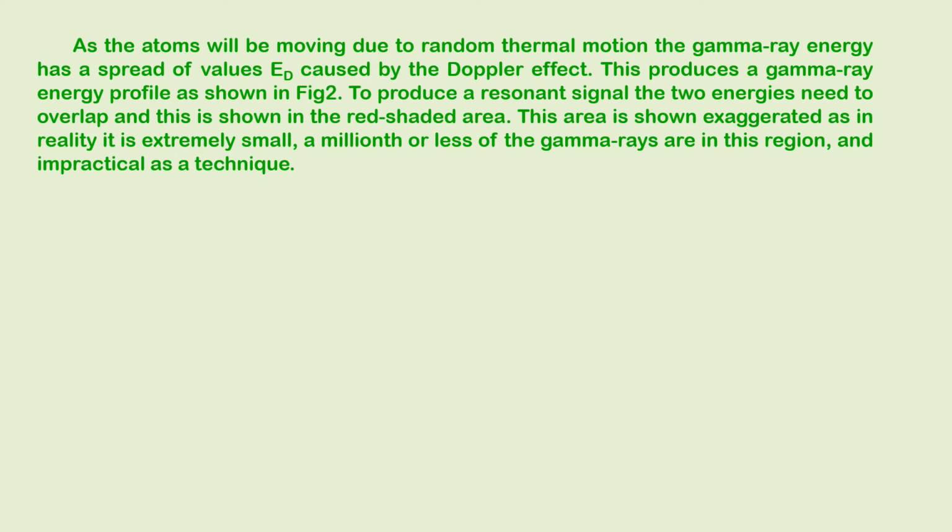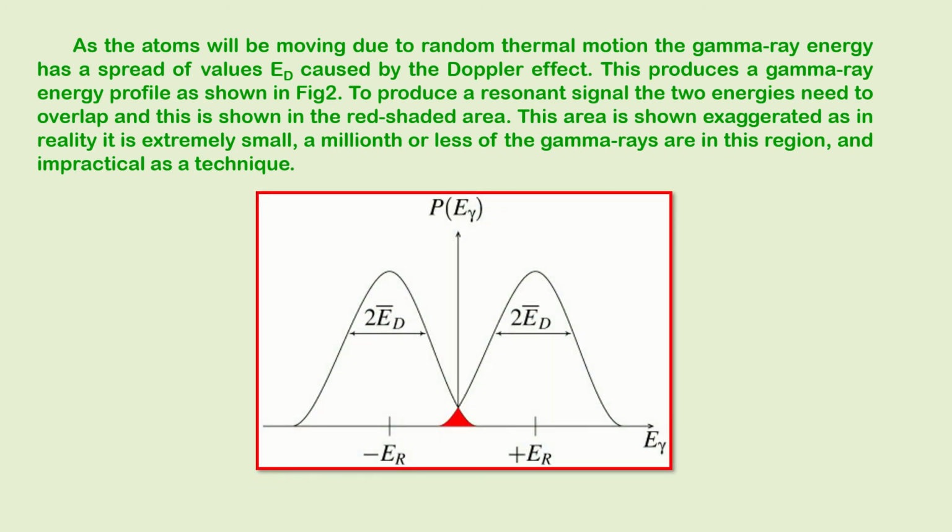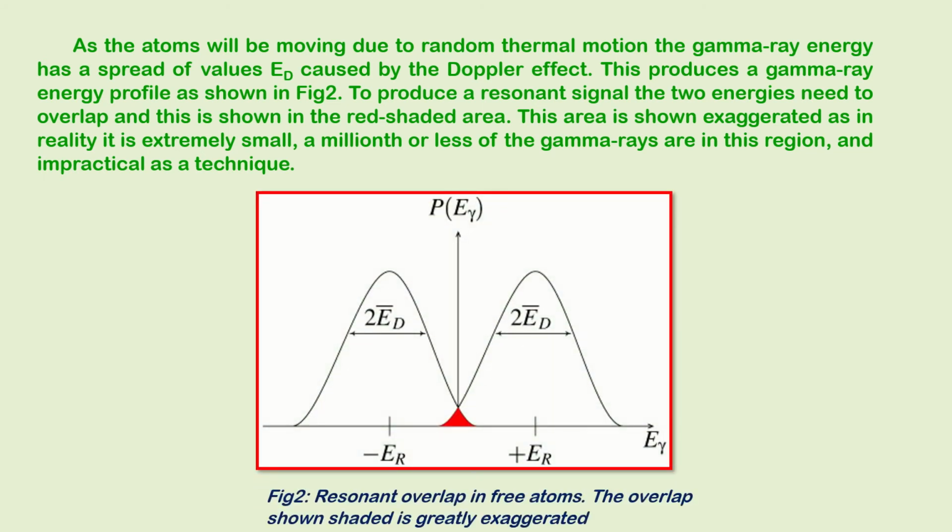This produces a gamma ray energy profile as shown in figure 2. To produce a resonant signal, the two energies need to overlap, and this is shown in the red shaded area. This area is exaggerated, as in reality it is extremely small. A millionth or less of the gamma rays are in this region, and it is impractical as a technique.